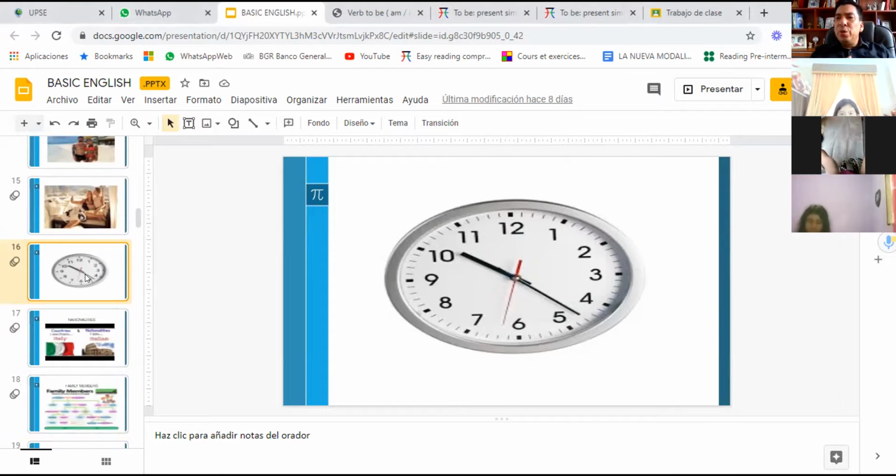Now, using the verb be in this moment, en este minuto, in 5 minutes. Vamos a llevarlos un poquito más allá. It's a very quick exercise.